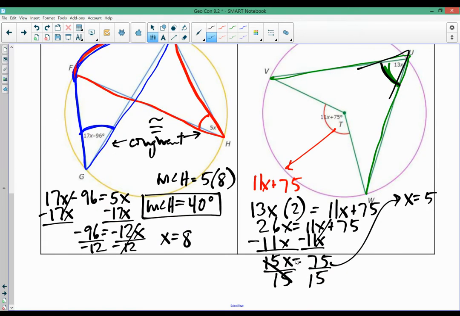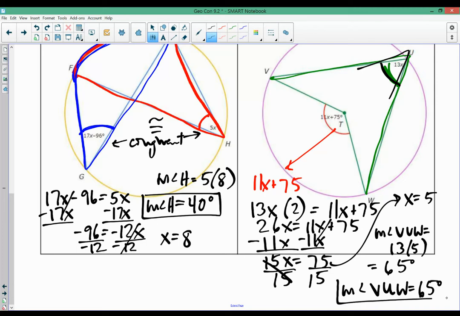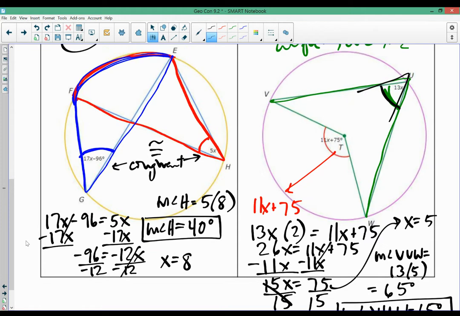So that's 13 times 5. I haven't done mental math in a while. So that's 65. So the measure of angle VUW is 65 degrees.